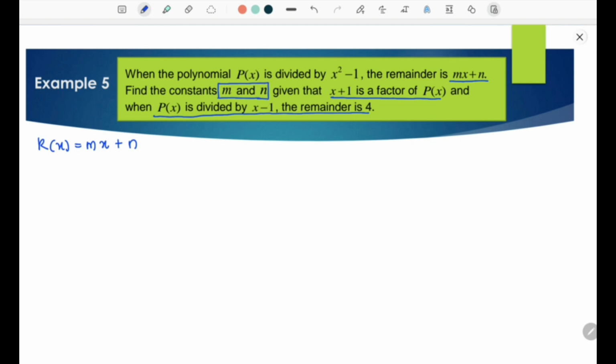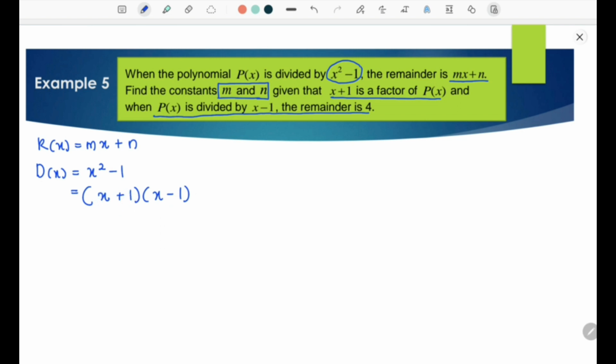In order to find the constants m and n, we need to form at least two equations. So first I'm going to take the divisor here, which is x squared minus 1, and we are going to factorize that divisor. So we have d(x) equal to x squared minus 1 equal to x plus 1 times x minus 1.